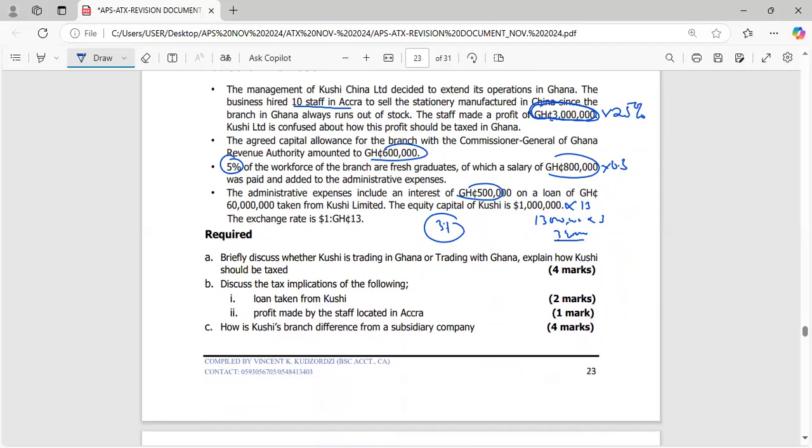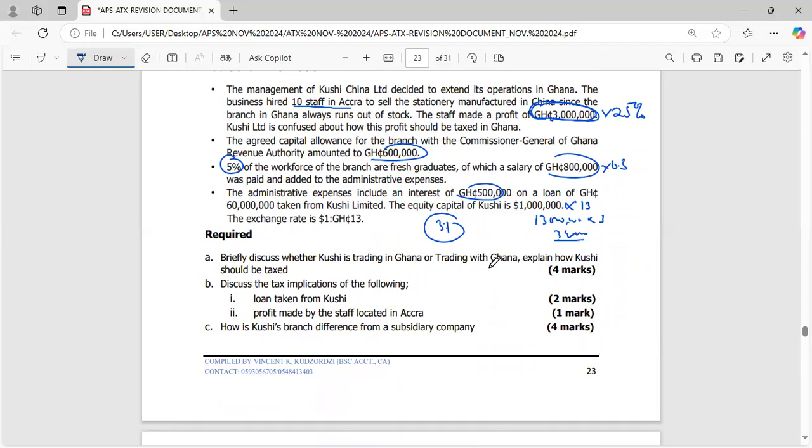Briefly discuss whether Kushi is trading in Ghana or trading with Ghana. Explain how Kushi should be taxed. Based on the information relating to Kushi Limited, are they trading with Ghana or trading in Ghana? They are trading in Ghana.